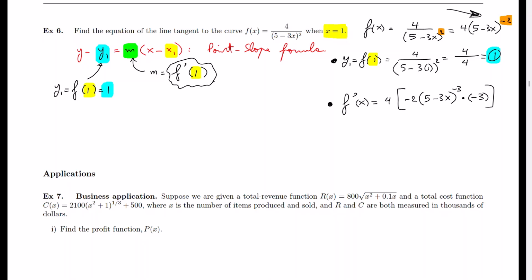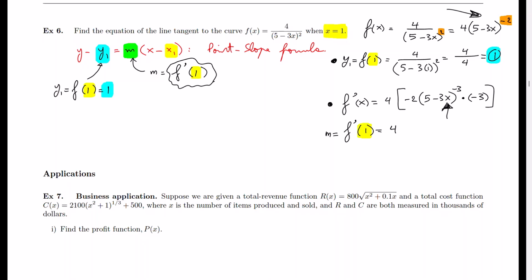Looks kind of complicated, but remember we're going to plug a number into it, and so it really doesn't matter what complication it's got. The calculator can do the rest. So to find m, I need to take this derivative and put 1 into it. So take the 1 that was given in the question and put it into the x term.